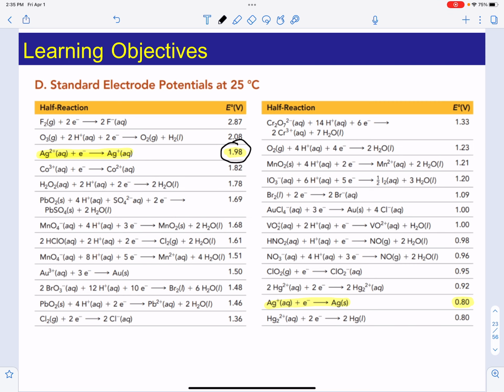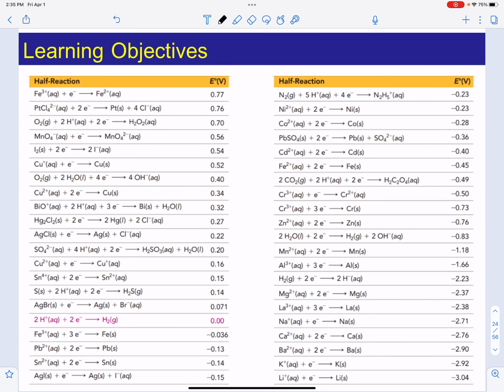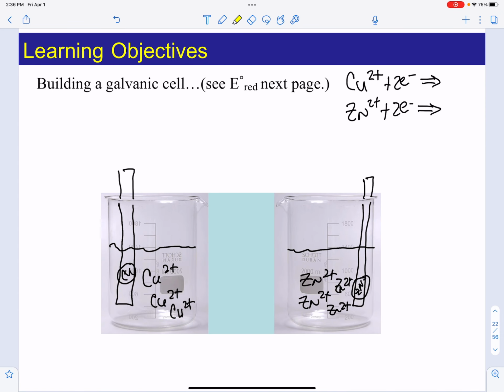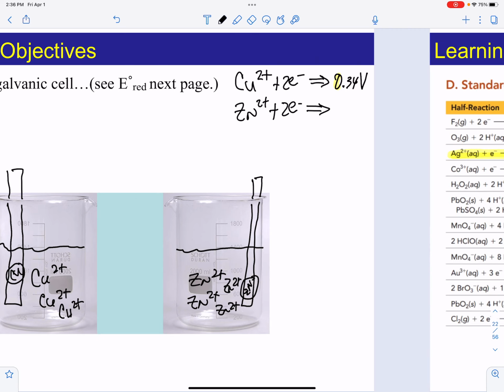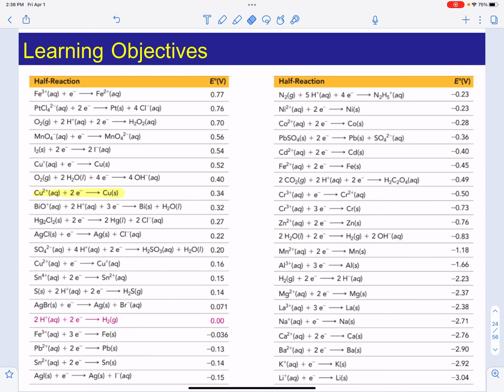The reduction potential for copper 2 plus, probably on this table right here, is 0.34 volts. The reduction potential for zinc 2 plus, let's see if we can see it here, is going to be negative 0.76.